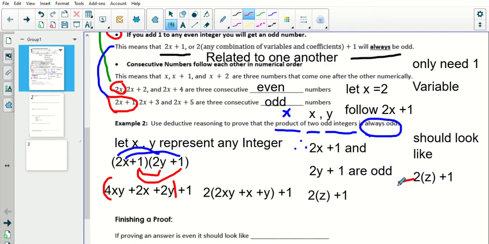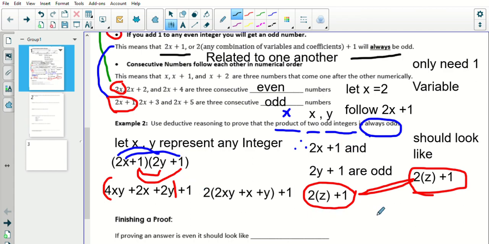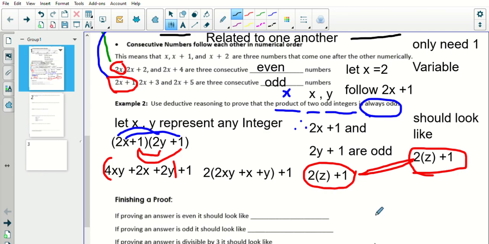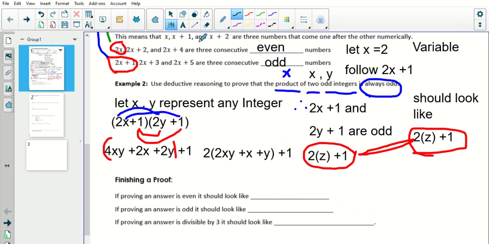Are these two things the same, or at least similar? They are. So I have mathematically proven, because this is guaranteed to be odd, and this is going to be odd, that every time I multiply two odd integers together, regardless of what they are, the product is going to be odd.